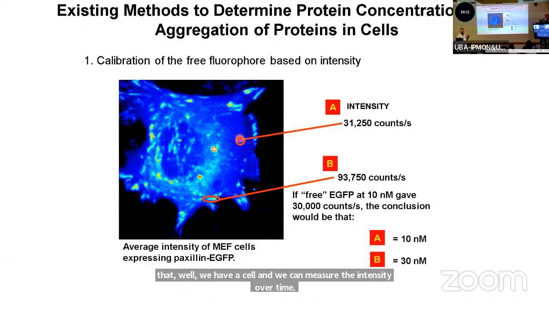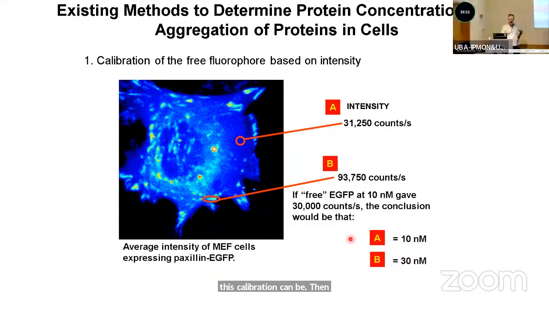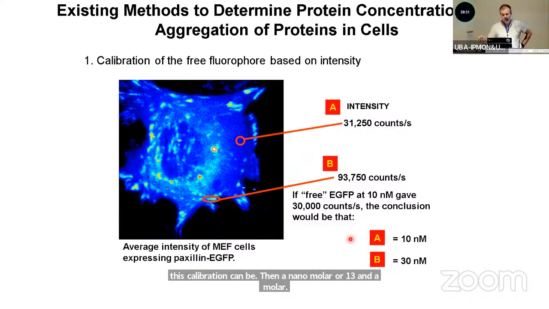In a point, we make a box here or a box here, and we measure the number of counts per second. And if we do a calibration with, say, green fluorescent protein as our label, we can estimate that the concentration here, based on this calibration, can be 10 nanomolar or 30 nanomolar of EGFP tagged to a particular protein.